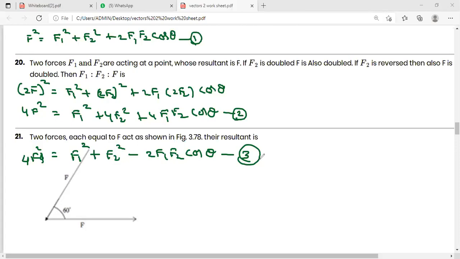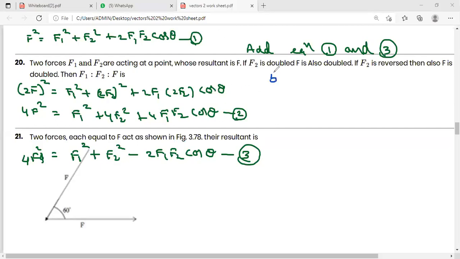On adding 1 and 3 equations. By adding 1 and 3 equations, okay, I will add here. Add equations 1 and 3. Okay, then what will be the answer by adding 1 and 3? So F square plus 4F square, how much?